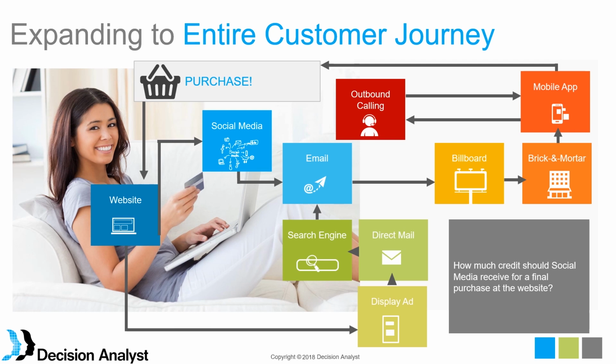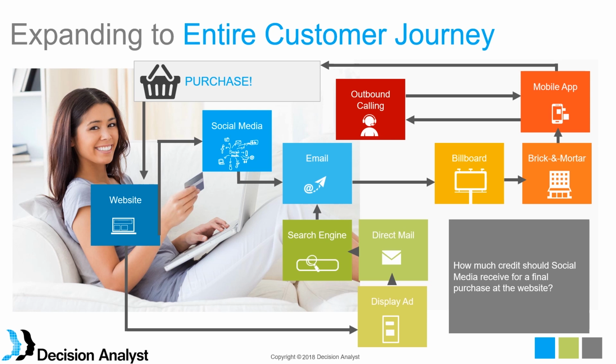And really, in today's environment, this extends far beyond just the online environment. People visit a website, they might participate in social media, which of course is online or through apps. They view emails, they go to search engines, they receive direct mail pieces for promotions and so forth.